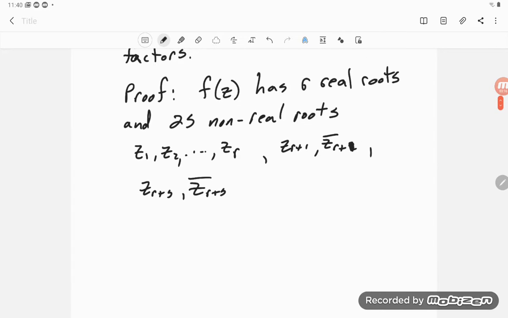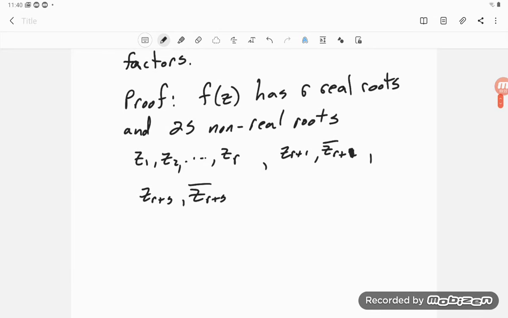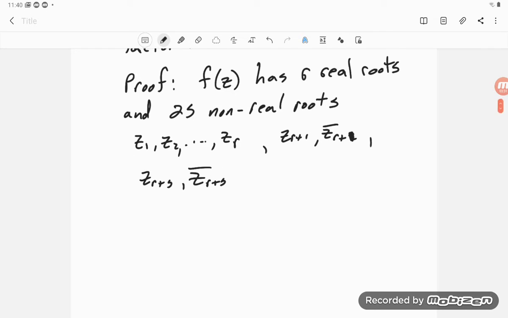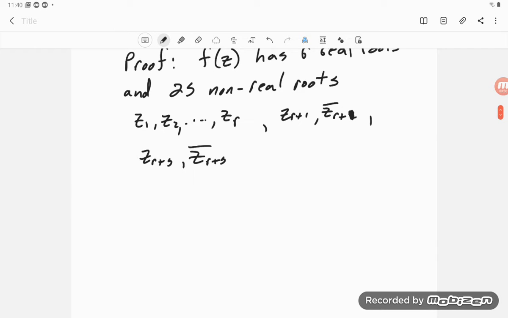Okay, so there are all your roots, and we know it has all those roots because of the Gauss factorization from 5.2, and so we can write the factorization.